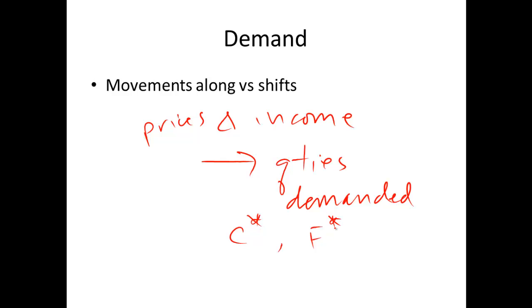What I'd like to do is work a little bit with this individual's demand curve to show you how it works as a function of changes in prices and changes in income. Now, we're going to call these movements along versus shifts, and in particular, changes in prices will give rise to movements along, whereas changes in income will give rise to shifts of the demand curve. But let me show you what I mean.